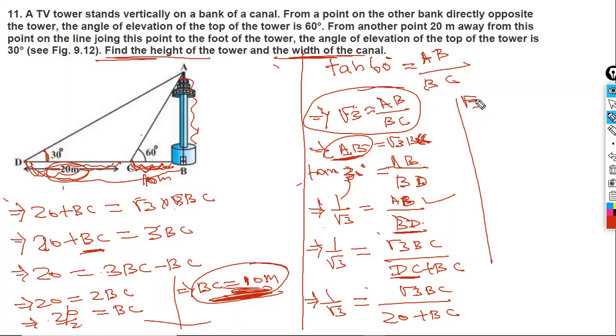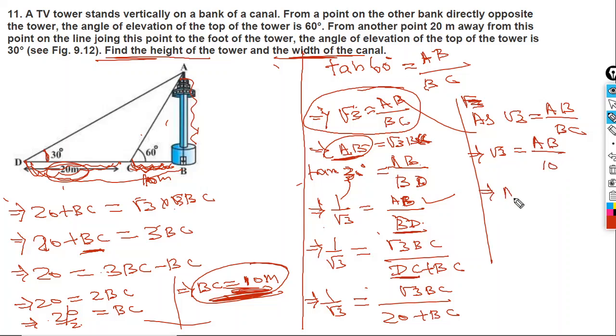root 3 equal to AB by BC, or you can start with tan 60 equal to AB by BC, then you can write root 3 equal to AB by BC. Implies root 3 equal to, you know, the value of BC is 10. We have to find the value of AB. I will write AB by 10.